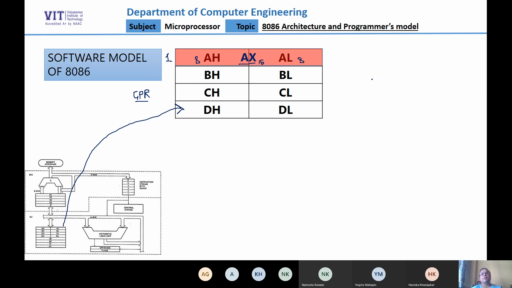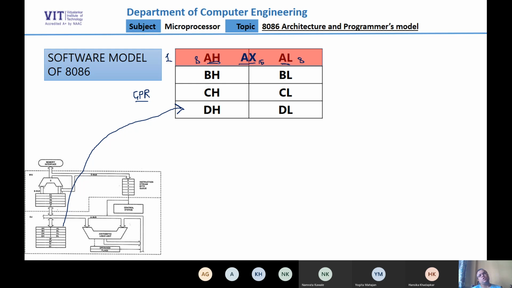So right, the next point, the AX register can be used as a 16-bit operand in 8086 instructions, or it can be used as an 8-bit register in the form of AL or AH.